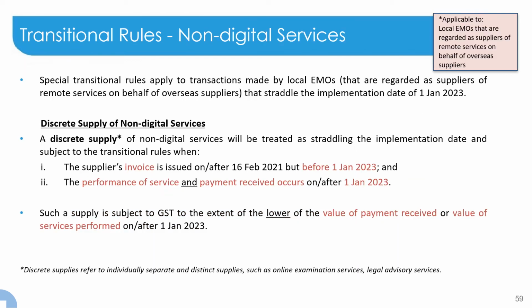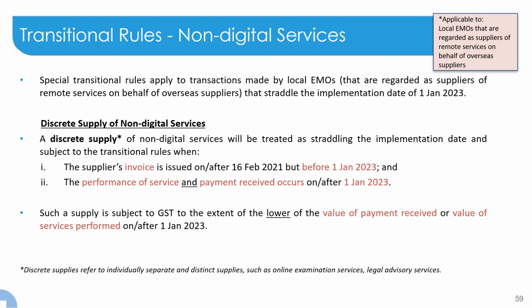Note that the slides on the transitional rules for non-digital services are only applicable to local EMOs that are regarded as the suppliers of remote services on behalf of overseas suppliers. The transitional rules will also apply to non-digital services. A supply of non-digital services can be classified as a discrete supply or a continuous supply.